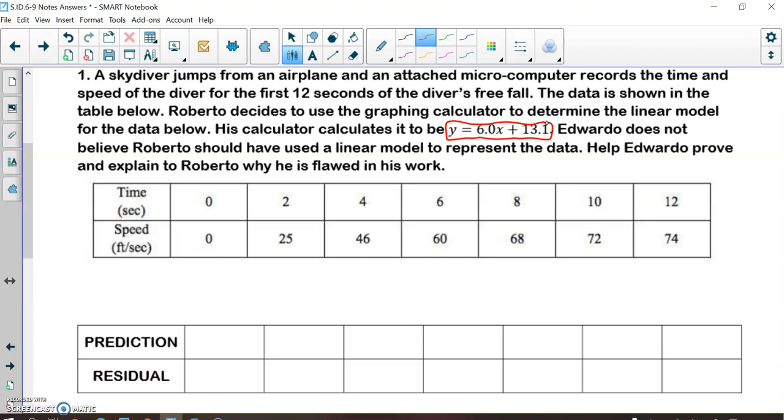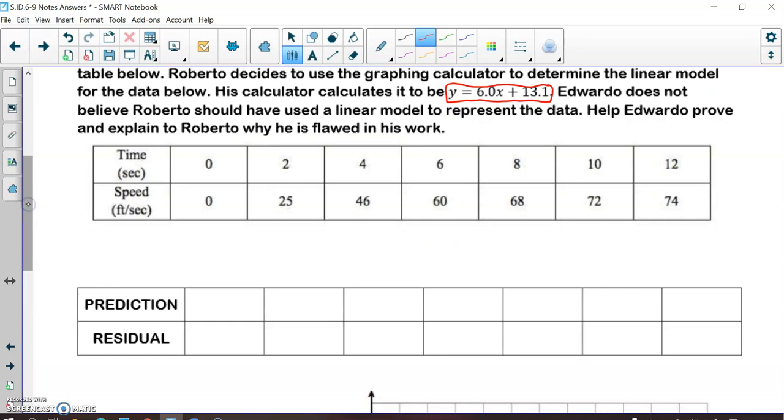We are first going to find the predicted y values, or the predicted speed, using the times in our table above. We take our time and put it in for x in our linear regression model.